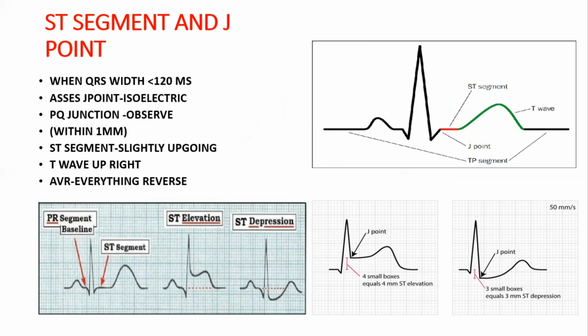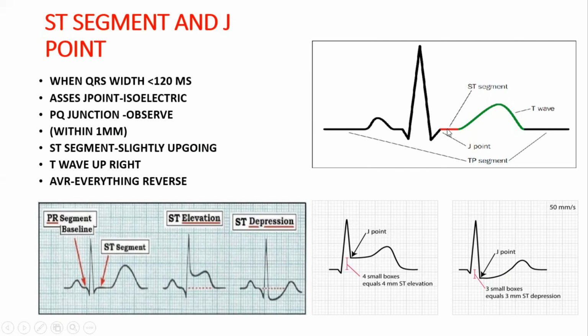ST segment and J point, normal anatomy: this is J point, this is Q, this is R and this is S. So here this is the isoelectric line. J point should be on the isoelectric line, and normal QRS width is less than 120 milliseconds, and PQ junction.